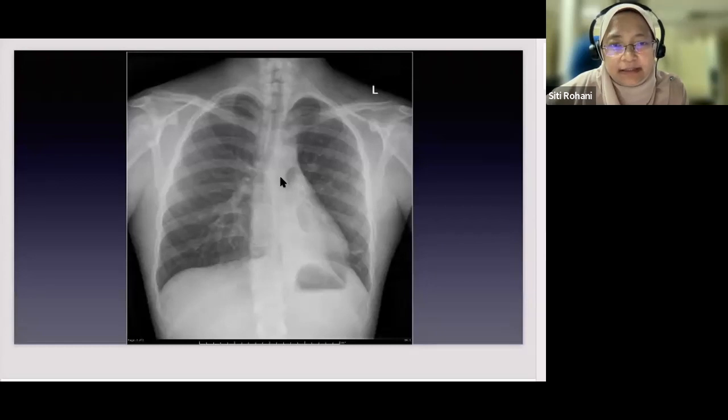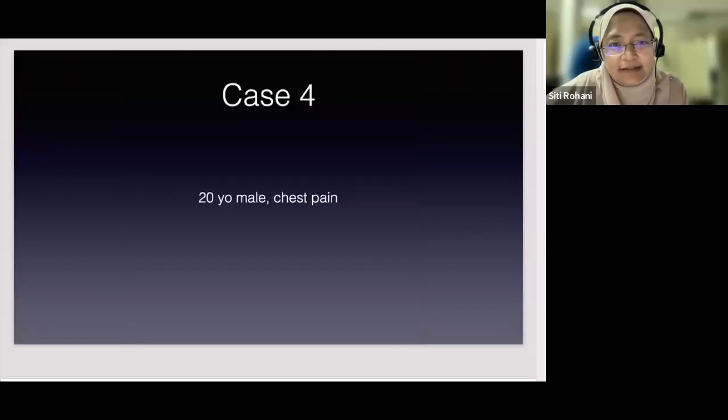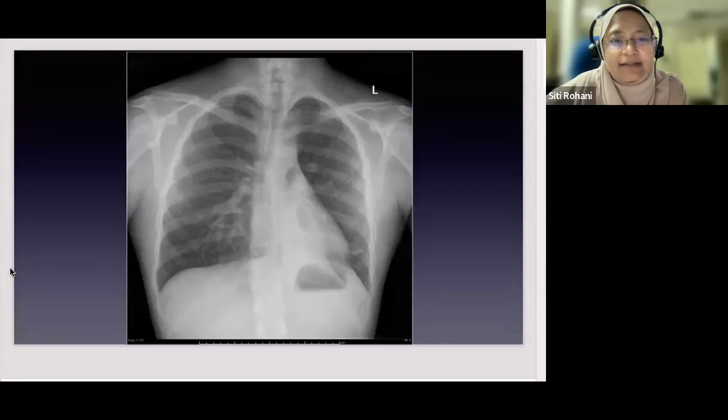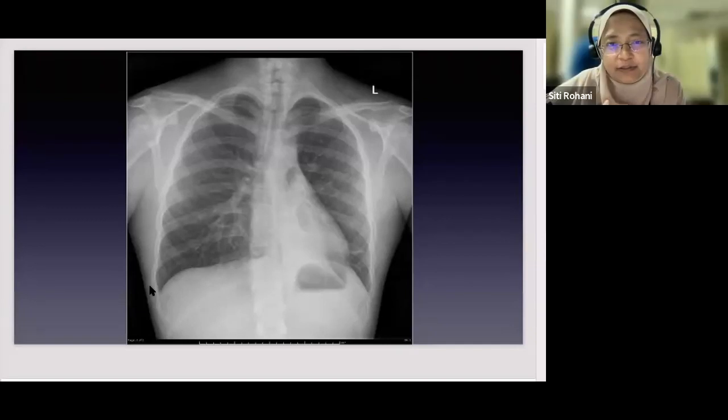So this patient has pneumomediastinum with left lower lobe collapse, left lower lobe atelectasis. What do you suspect is the cause? TB. This young patient with chest pain has underlying asthma. Oh. So asthma cough can cause a spontaneous pneumomediastinum.